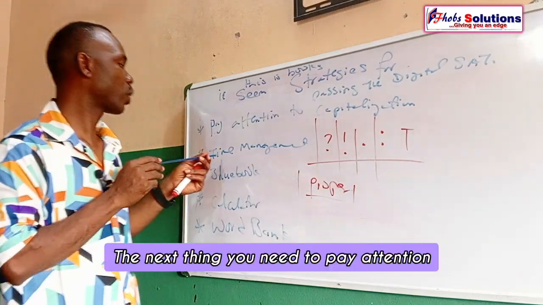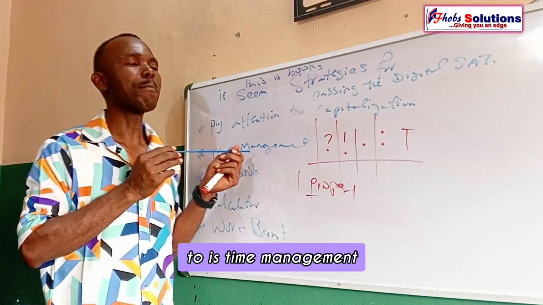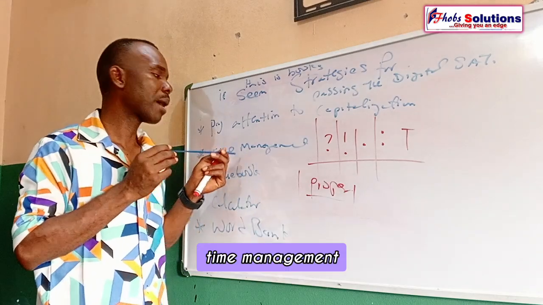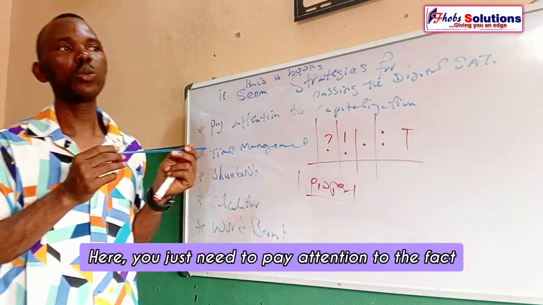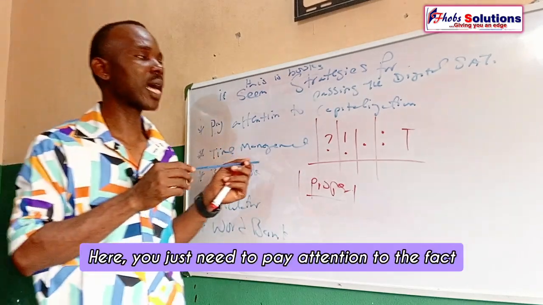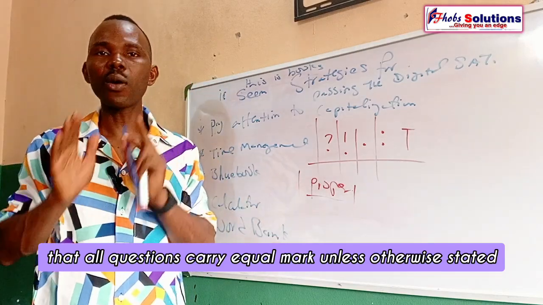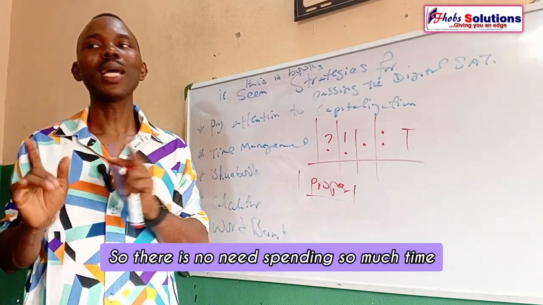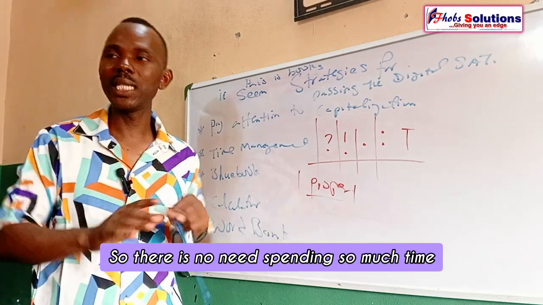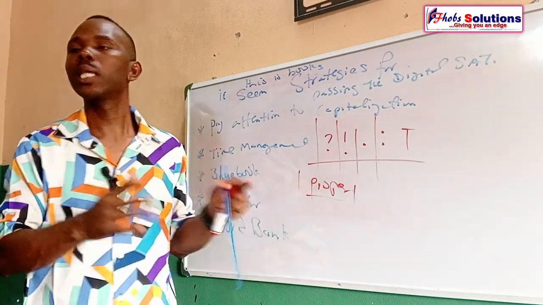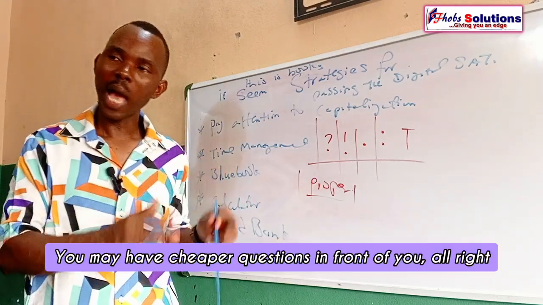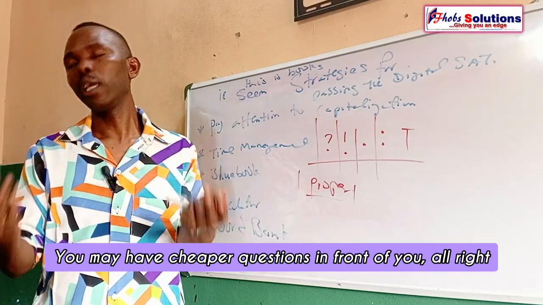The next thing you need to pay attention to is time management. Here, you just need to pay attention to the fact that all questions carry equal marks unless otherwise stated. So there is no need spending so much time on a particular question. You may have cheaper questions in front of you.